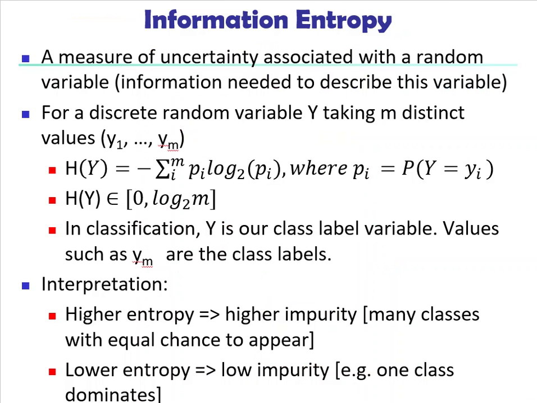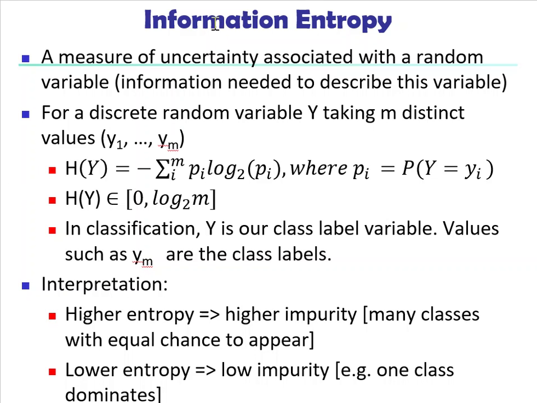A set of attribute selection criteria are based on information entropy and conditional information entropy. So we need to discuss those concepts before we move on to talk about information gain and other measures that are used to decide which attribute to use at each node.